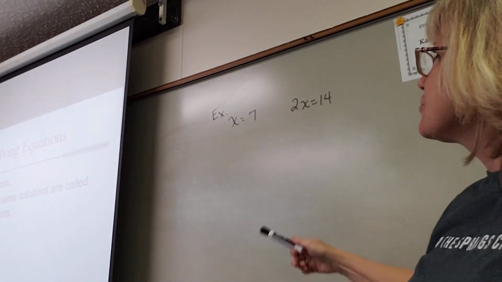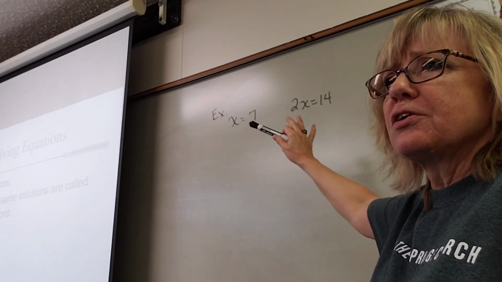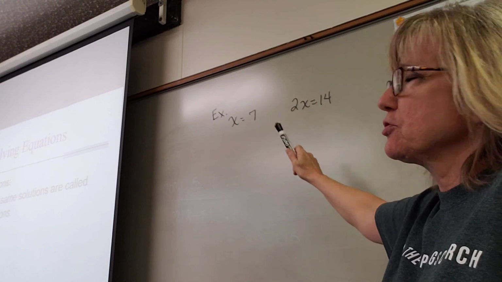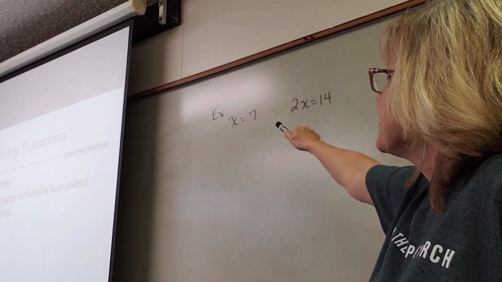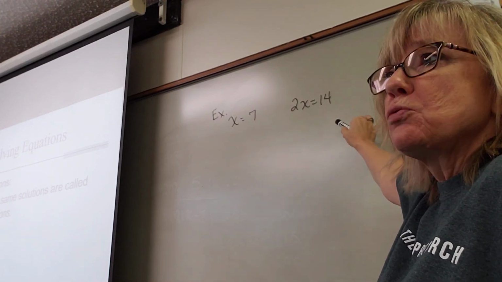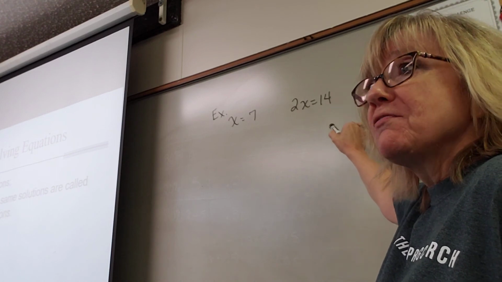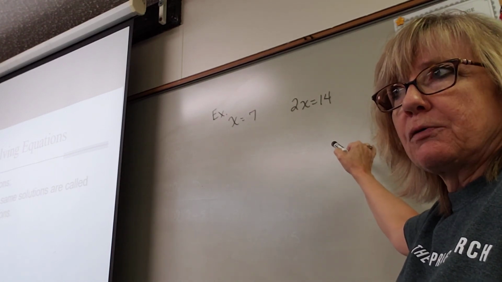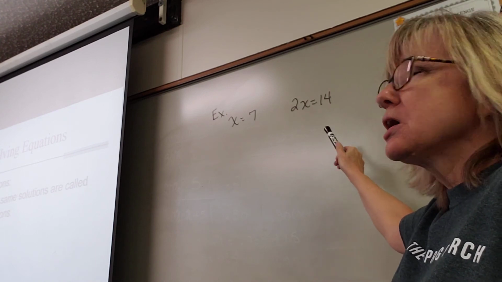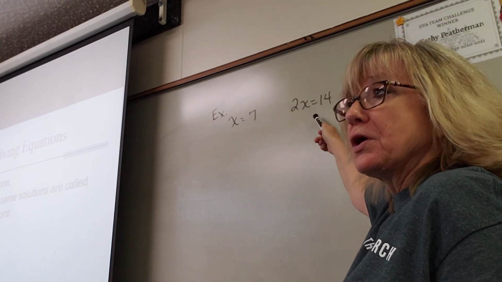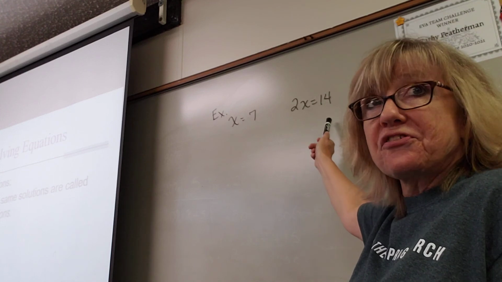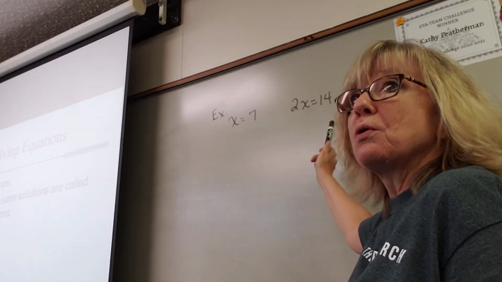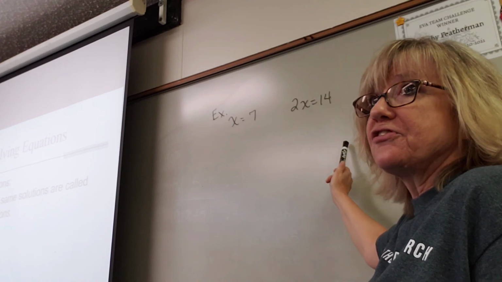And I have written two examples over here. You can just check my examples real quick. x equals 7 and 2x equals 14 are equivalent. They have the exact same solution. Does that make sense to you guys? If you simplified this one, it would simplify into x equals 7, right? So even though they're written differently, they are equivalent. They have the same solution set. Okay?